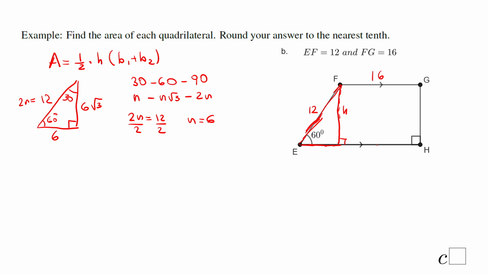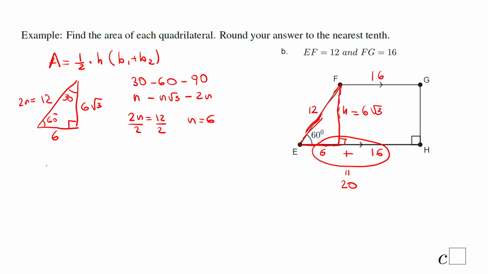Okay, but that n equals 6 is this piece. Now this is 16. That allows me to find the whole base. This 6 plus 16 is 22. And this is the height, which is now 6 square root of 3. So we have everything we need.